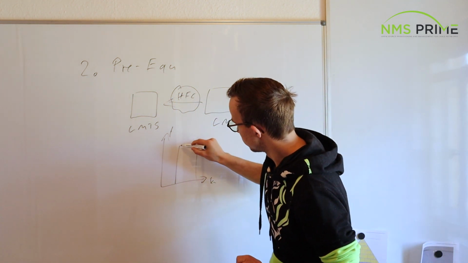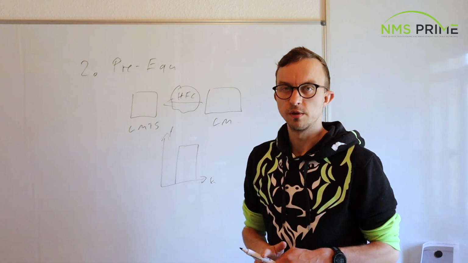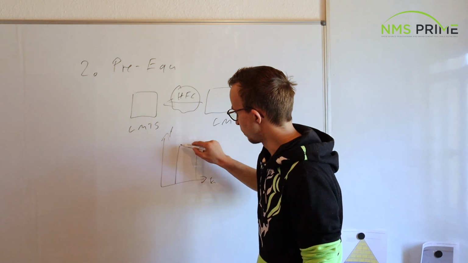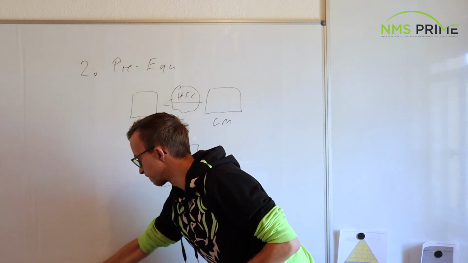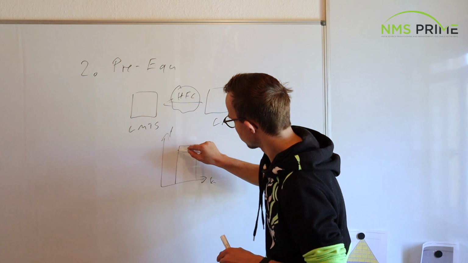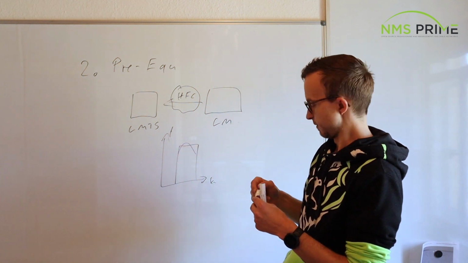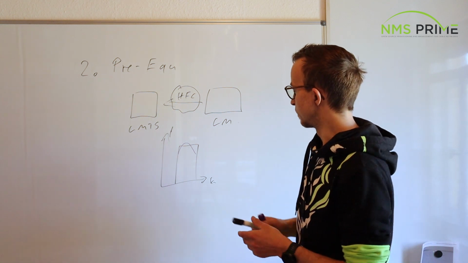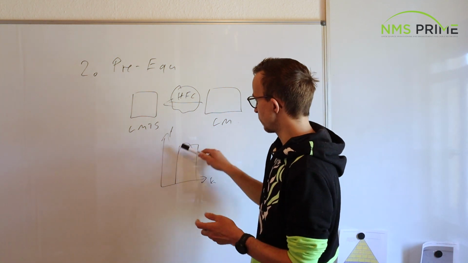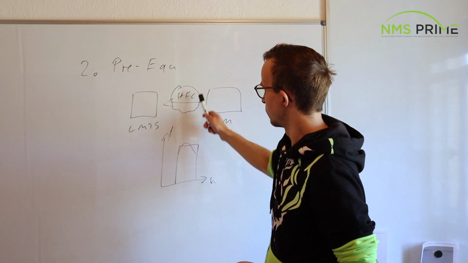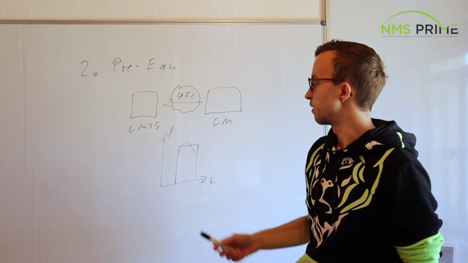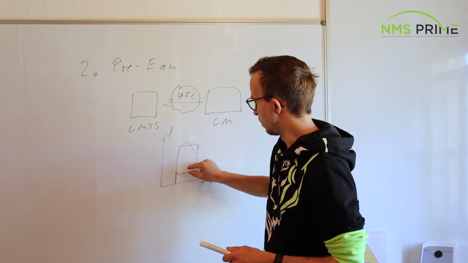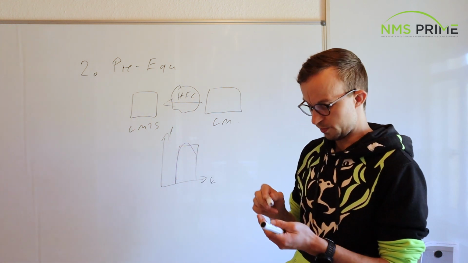So here we have some impairments and some equalization or attenuation inside our HFC plant. So let's assume this will look like this, for example. And what is the result? If the cable modem sends with a linear rectangle function and we have some kind of equalizer coefficient in our HFC plant, then we receive this signal at our CMTS upstream channel.